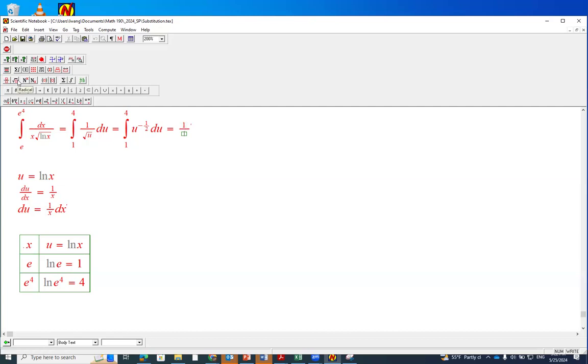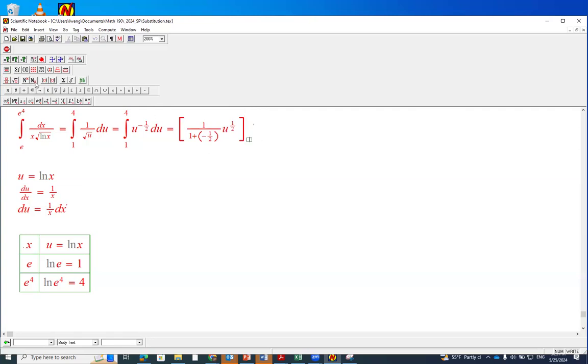So it's 1 over 1 plus negative half. I'm just following the power rule for antiderivative faithfully. So that's going to be u to the power of half, since 1 plus negative half is half. Finished. That's the antiderivative part.